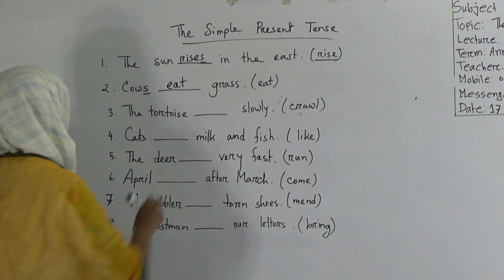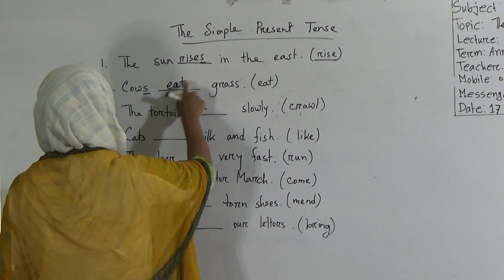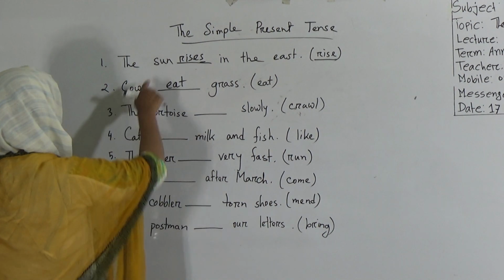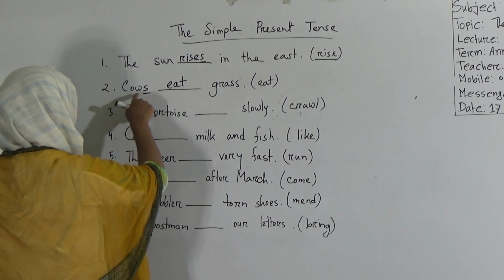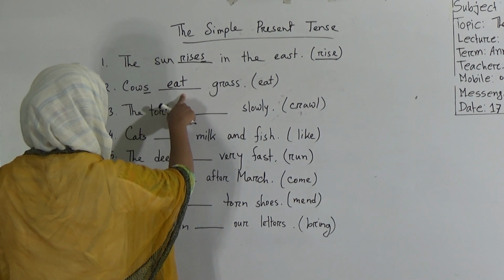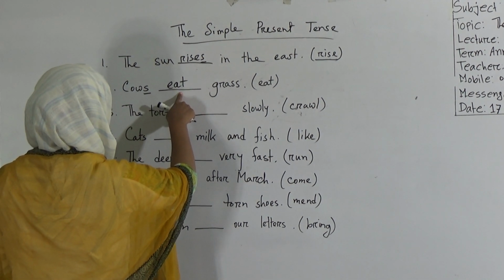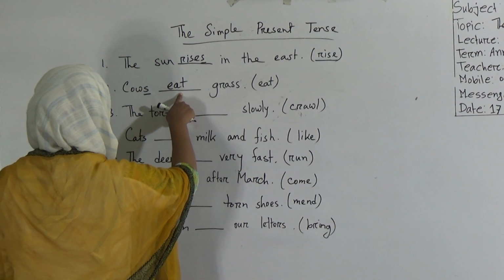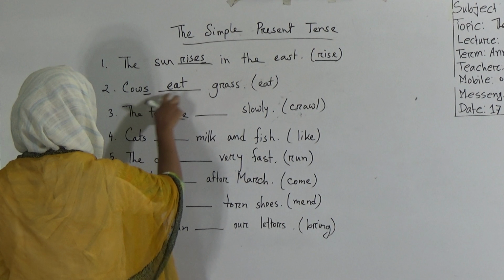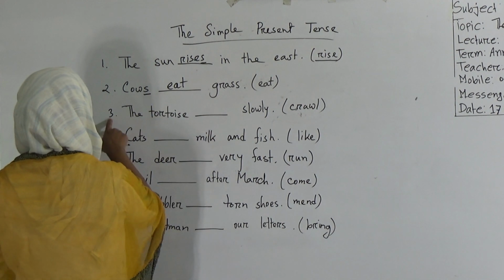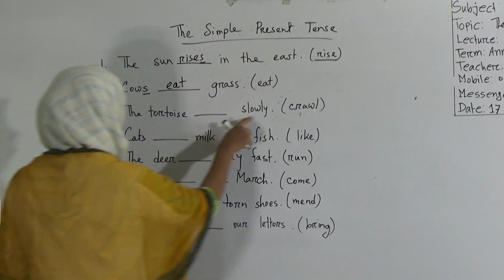We will not add any s or es, because from the rules we know that when we get a plural subject in the simple present tense, our verb will not be changed. It will be in the base form and there will not be s or es. So, cows eat grass.